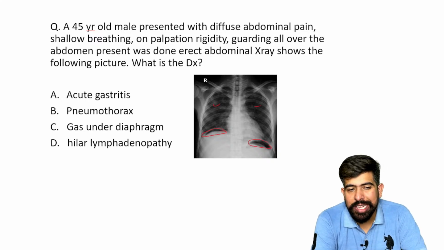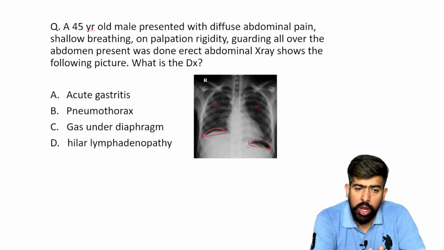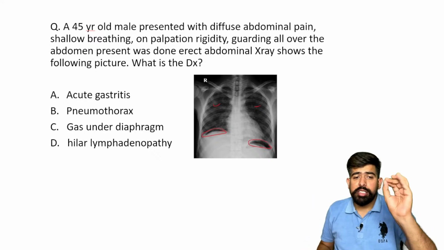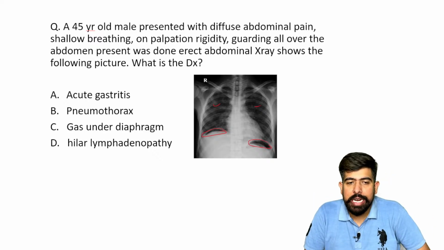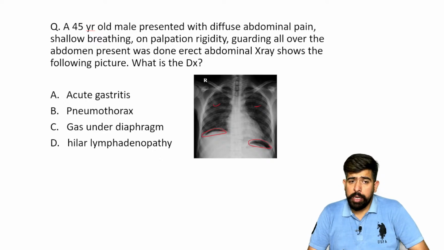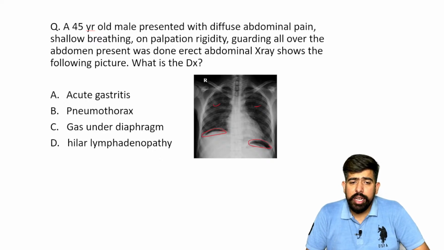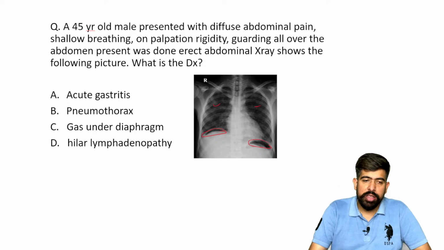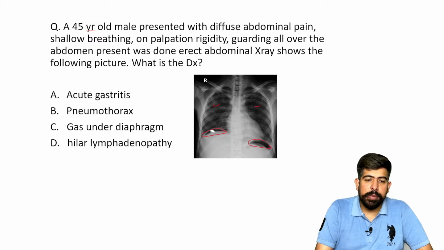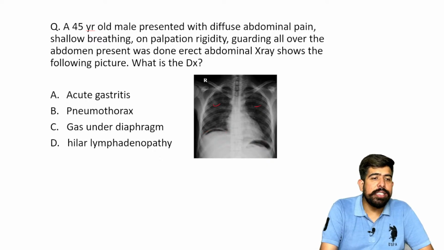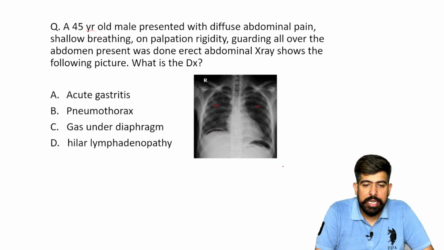Now we are confused between acute gastritis and gas under the diaphragm. Of course, the symptoms of abdominal pain, palpation, rigidity and all can be the same in acute gastritis, but on the X-ray, gas bubbles are seen under the diaphragm, which is not possible in gastritis.